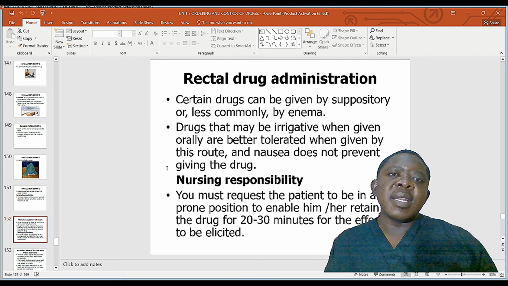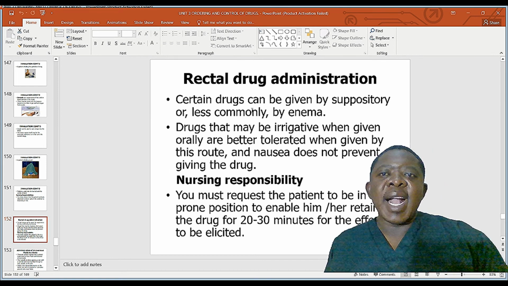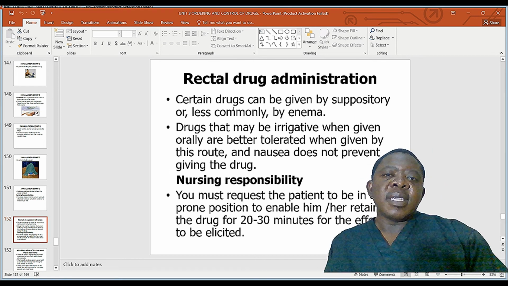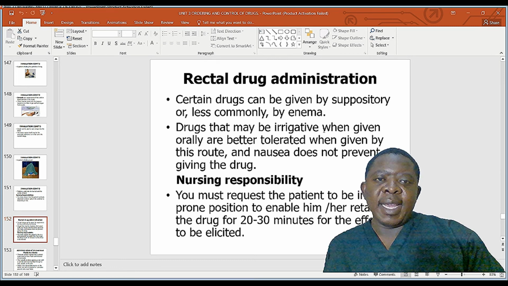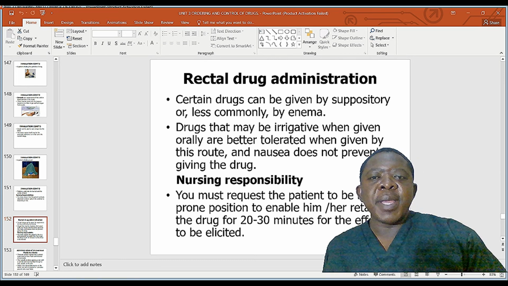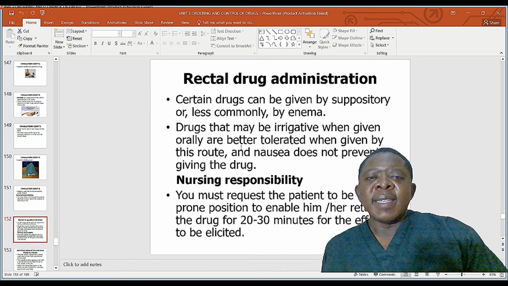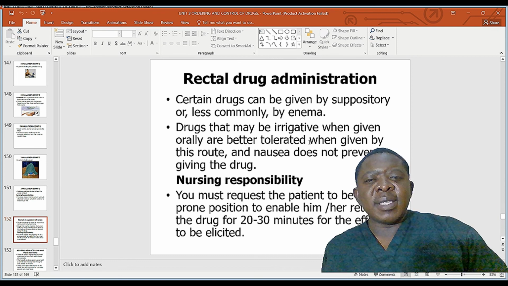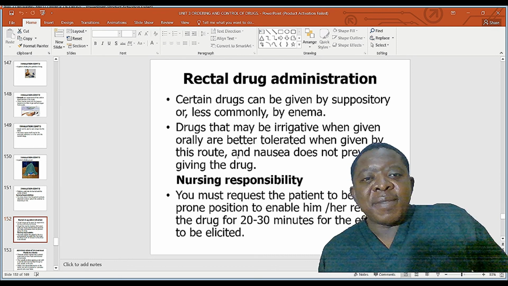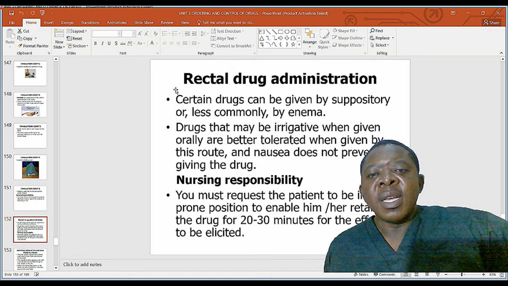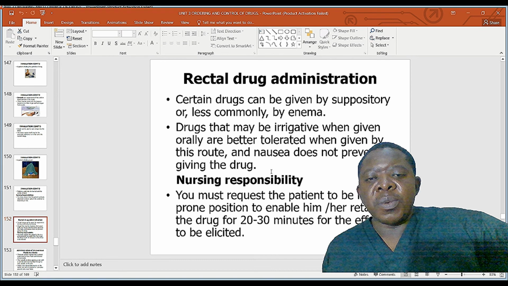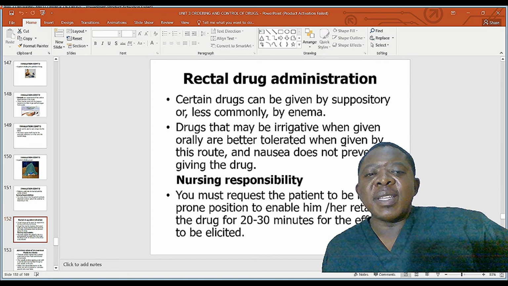Now let us talk about rectal drug administration. Certain drugs can be given by suppository or, less commonly, by enema. Drugs that may be irritating when given orally are better tolerated when given by the rectal route, and nausea does not prevent giving the drug.